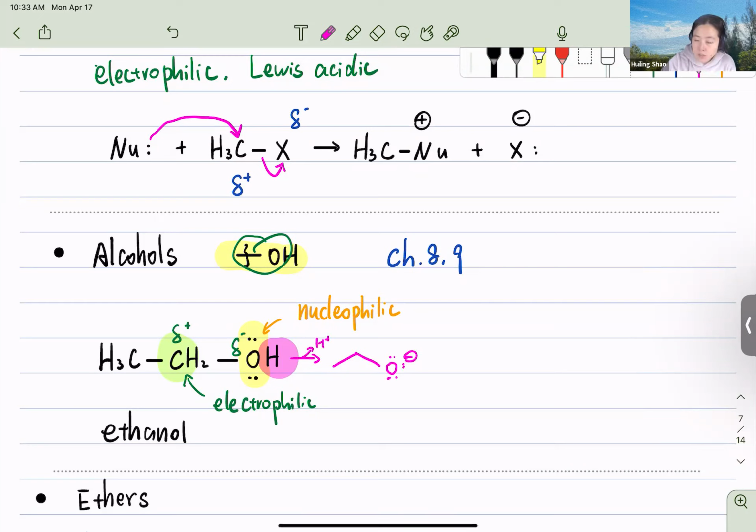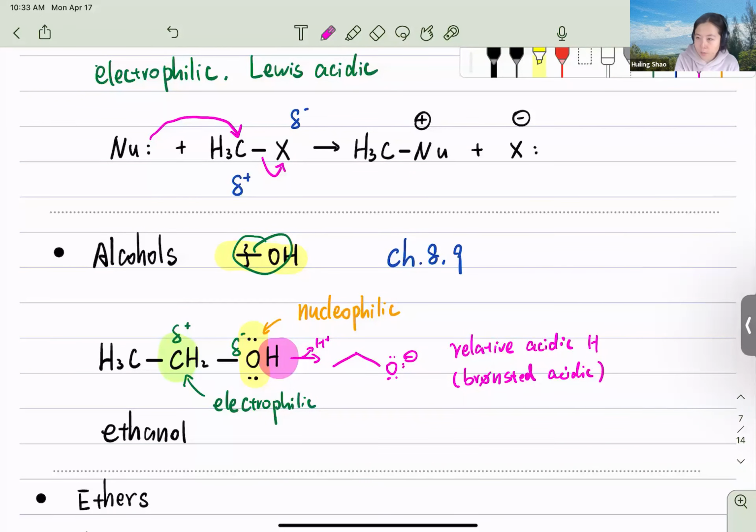So this hydrogen here is a relatively acidic hydrogen. And again, when we say it's relatively acidic, we're referring to Bronsted acid-base chemistry.